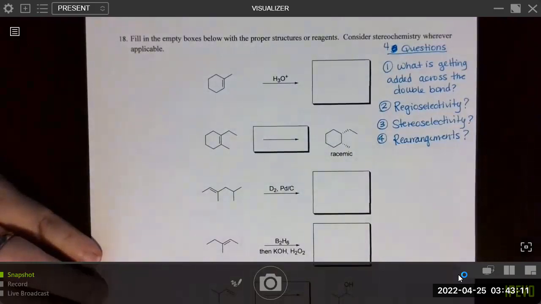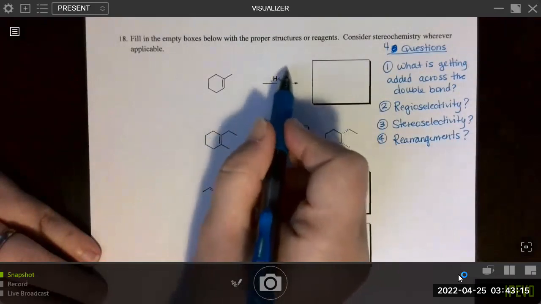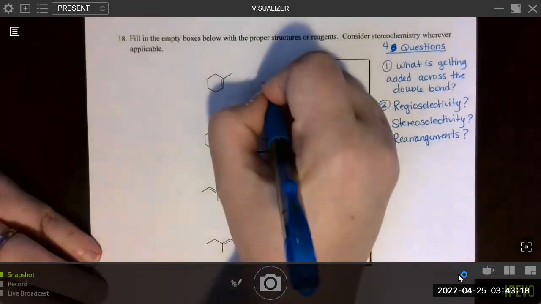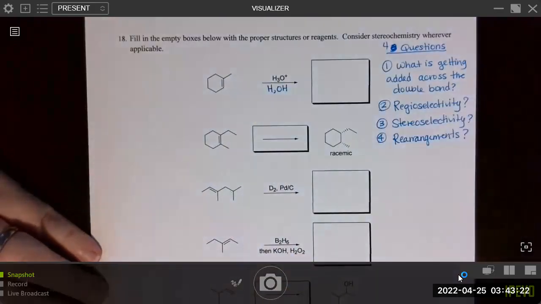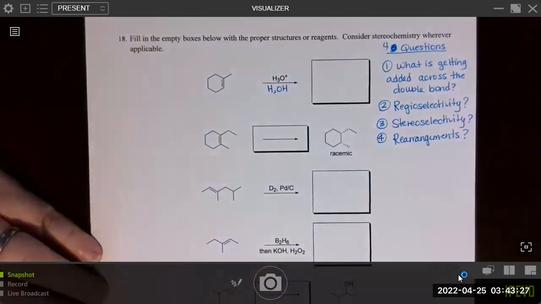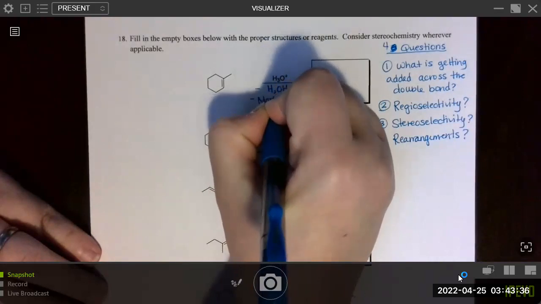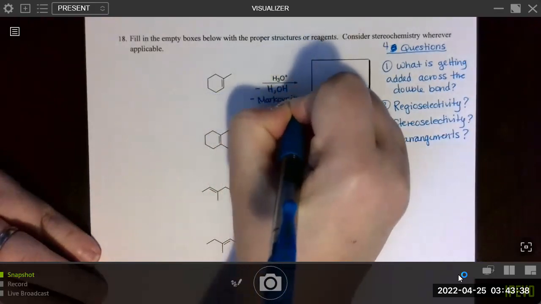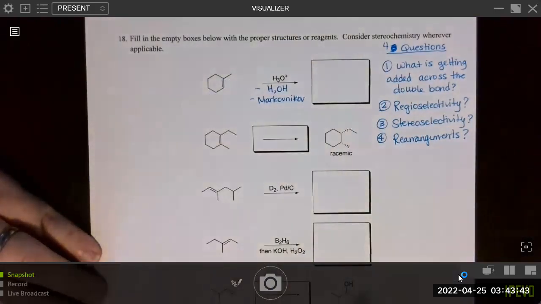Okay, so when we're answering these questions, we're saying, what is getting added across a double bond? Well, with H3O plus, we are doing a hydration, so we're adding H and OH across the double bond. Because these are different, there could be regioselectivity depending on if the alkene is symmetrical or not. The regioselectivity, in this case, is Markovnikov, which means that the OH will end up at the more substituted carbon.